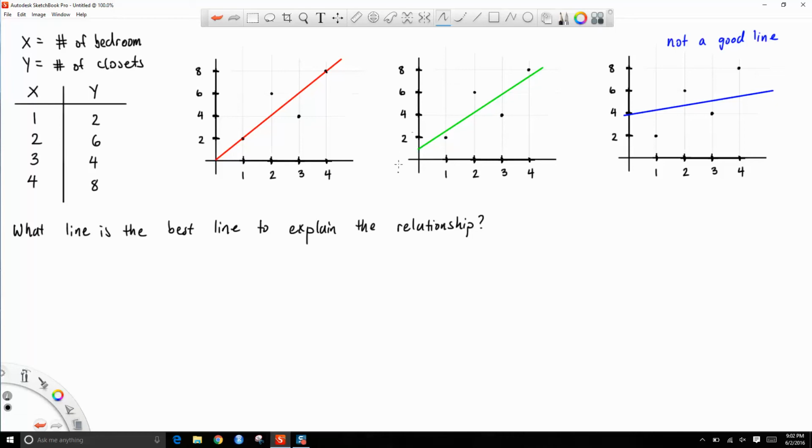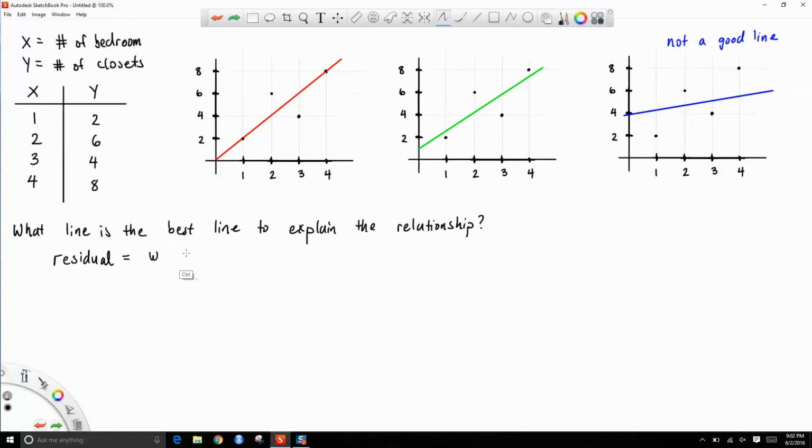Okay, so the way we determine what line is the best line is we are going to look at something called the residual. The residual is the difference between what our model predicts, or basically what the line predicts.